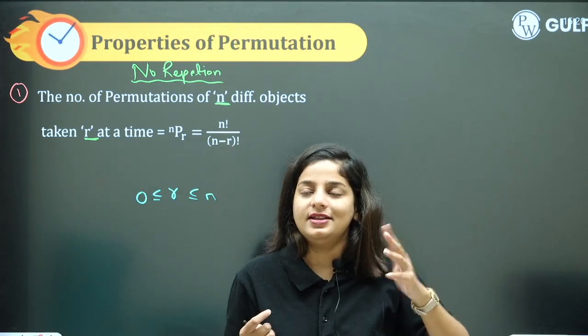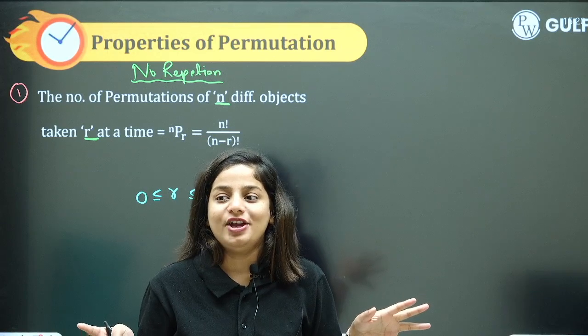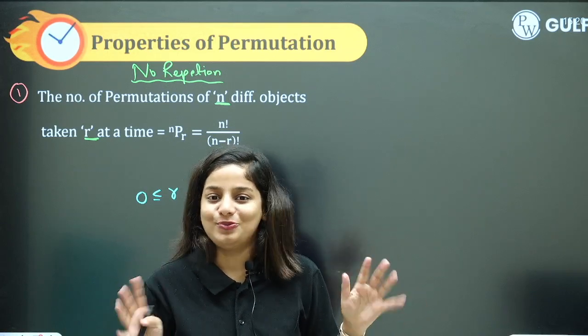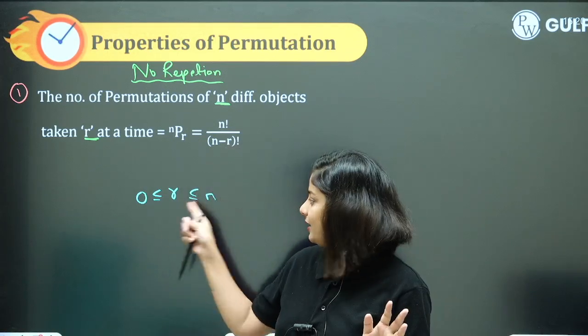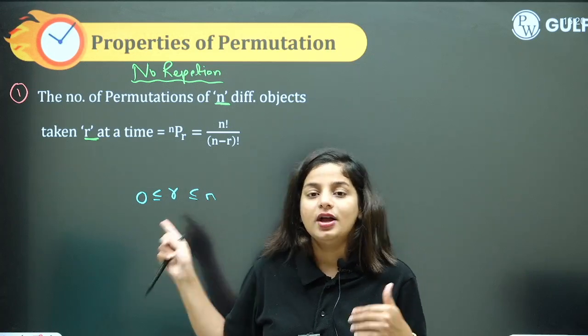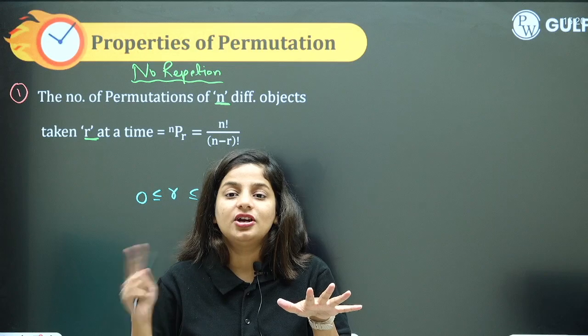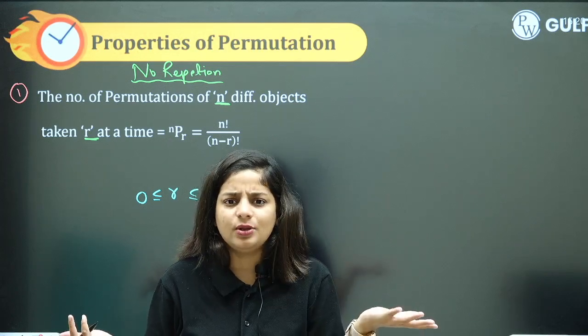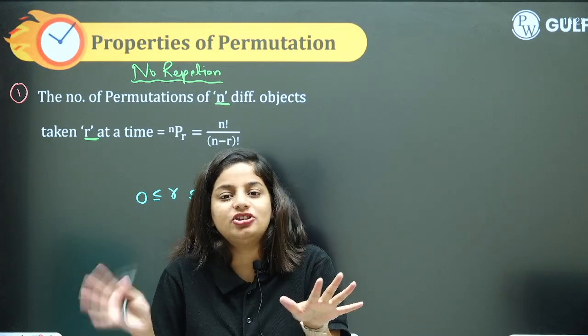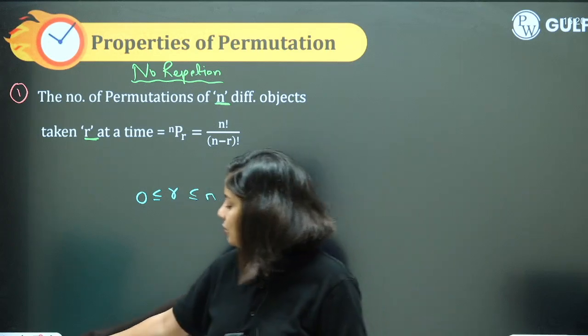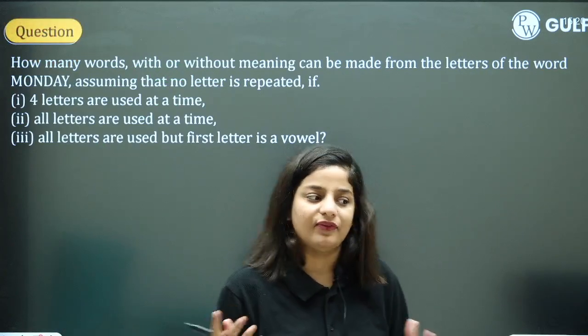You cannot say out of 5 objects, arrange minus 2 objects. Not possible, so r is greater than or equal to 0. Can we say that out of five objects you arrange 10 objects? How is that possible? There are only 5 available. So r has to be less than or equal to n. Remember these small but very important things.